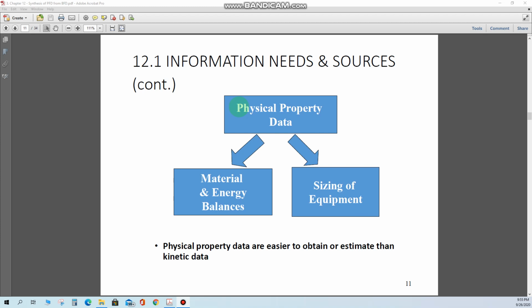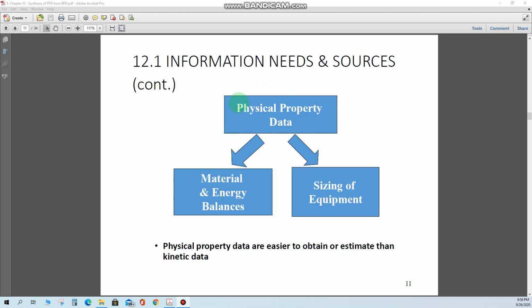It can be what kind of bonds between those chemicals. Okay, so this all comes under this physical property data information, or you can find this physical property data from your physical chemistry books. So this data is readily available on the internet also.